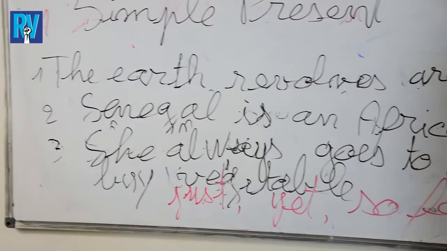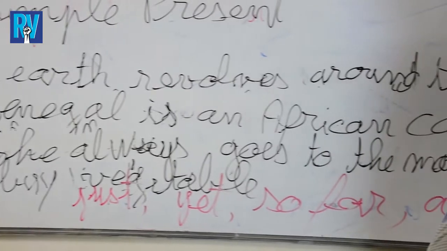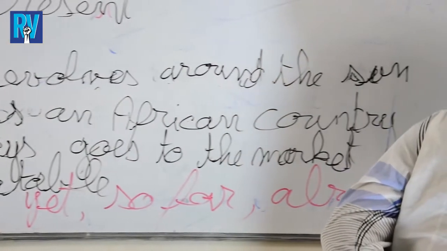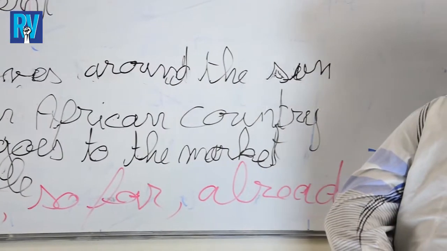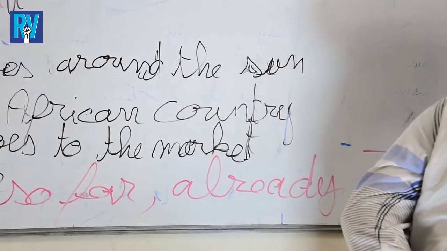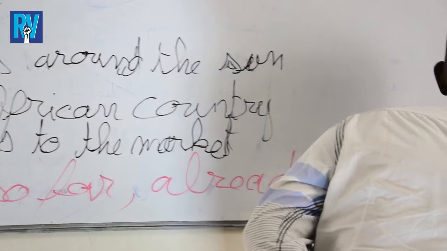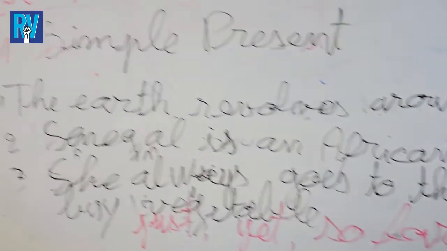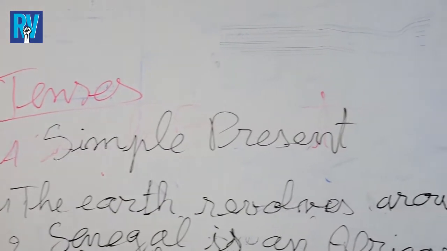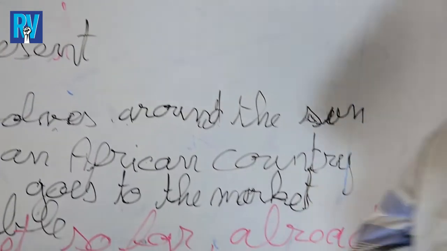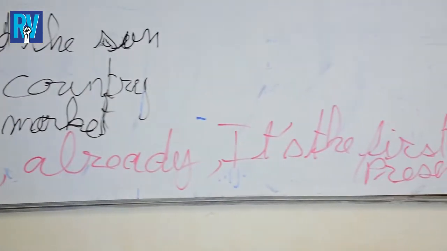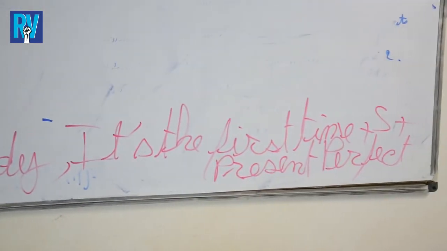When you have also it's the first time plus subject, you have to use the present perfect. Okay? So, these are some time markers of the present perfect.